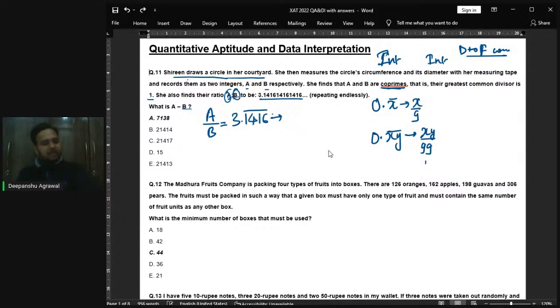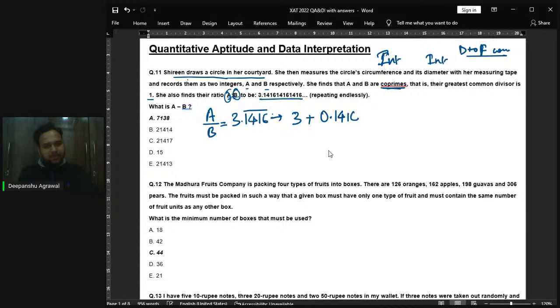So applying the same thing in this question, can I write this 3.1416 bar as 3 plus 0.1416 bar, and it can be changed to 3 plus 1416 divided by 9999.